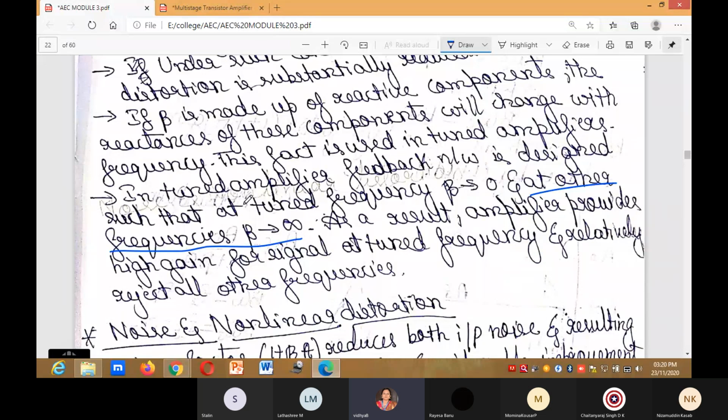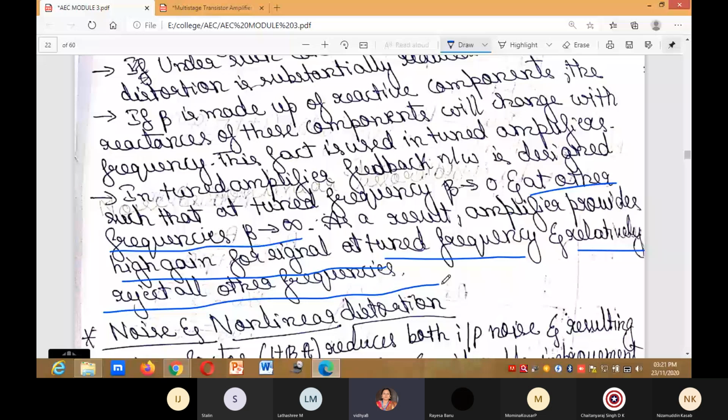As a result, the amplifier will provide a high gain for signals at the tuned frequency and relatively reject all other frequencies. For example, usually we use amplifiers for speakers, loudspeakers.